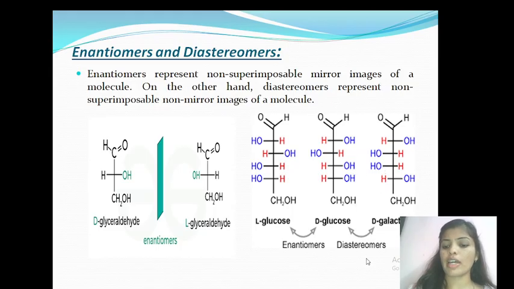Those are termed as diastereomers. So enantiomers are the non-superimposable mirror images, whereas diastereomers are the non-superimposable non-mirror images.